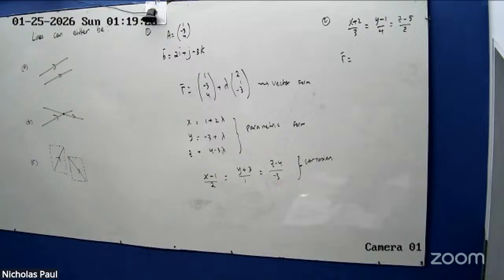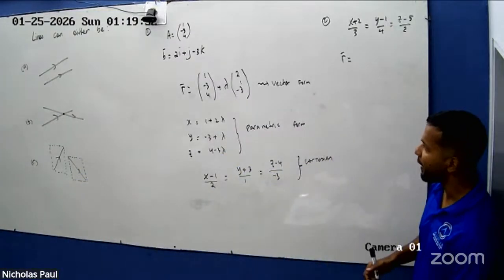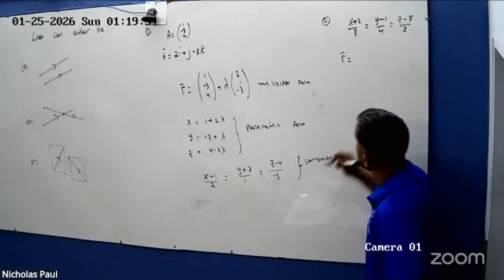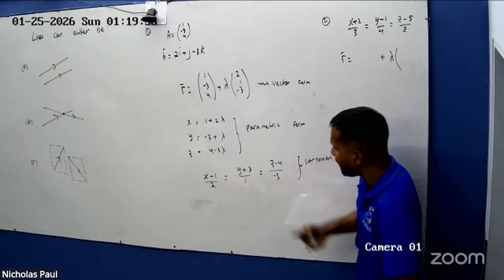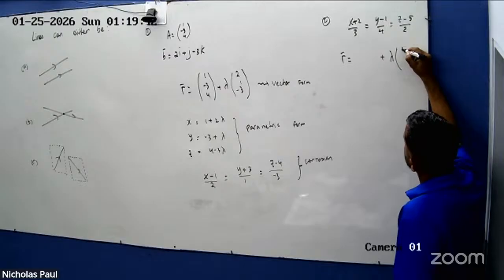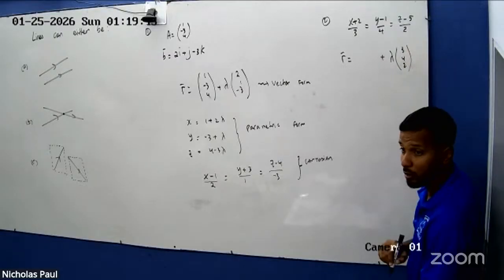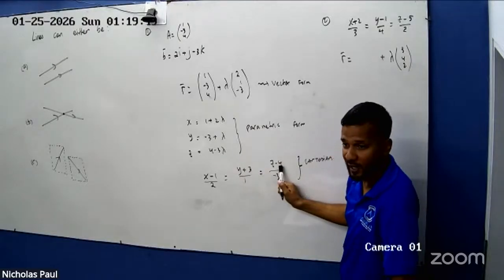What y'all got? So you might recognize that all the values down here are your direction vector: 3, 4, 2. And the opposite signs of these are the point.